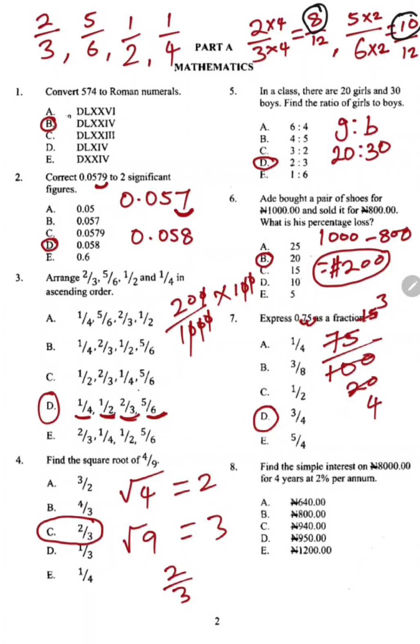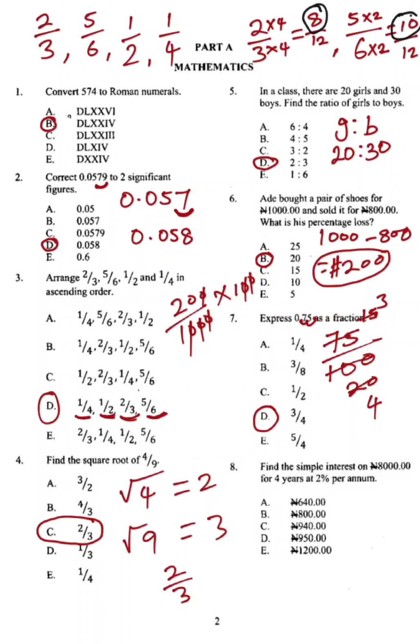All right, now we go to the final one. The final one says, find the simple interest on 800 naira for 4 years at 2% per annum. Normally, this is what we call principal, rate, and time.